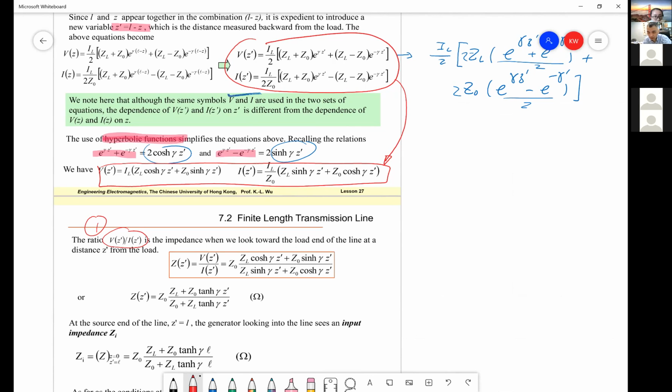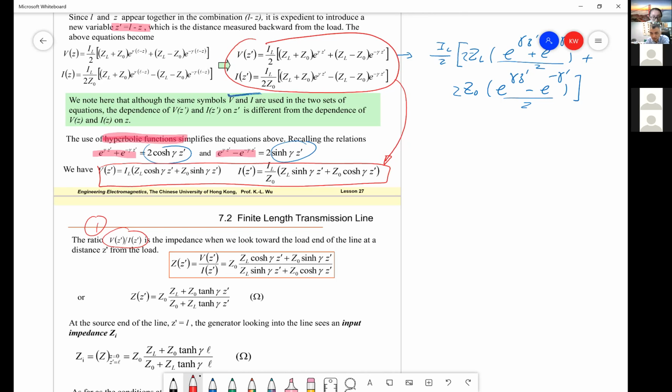And later on, we will deal with impedance matching, right? Why do we do impedance matching? Because we need to transfer most of the energy to the load, right? And we don't want too much reflection. Then we need to define impedance.